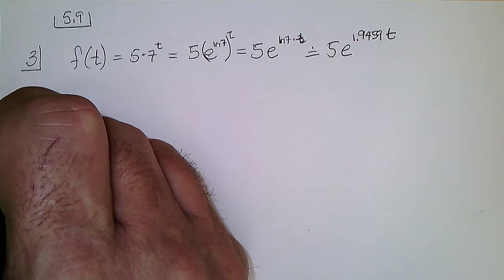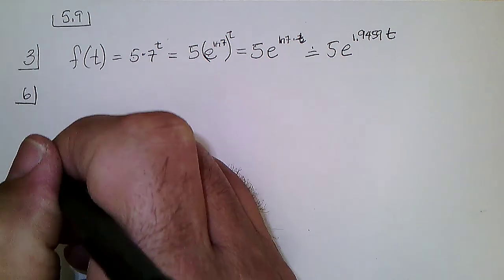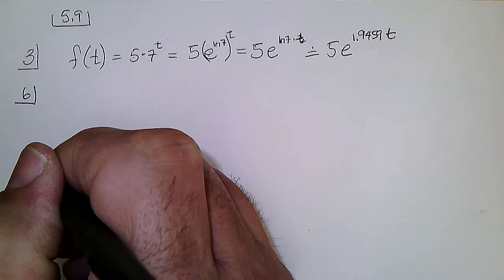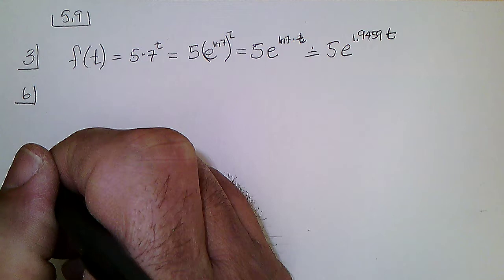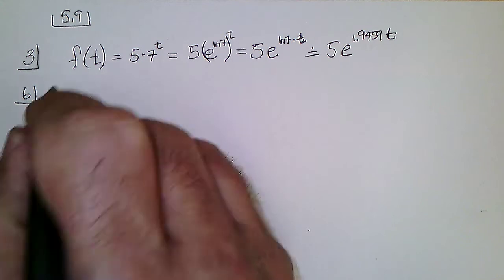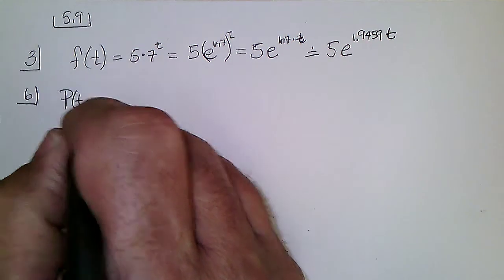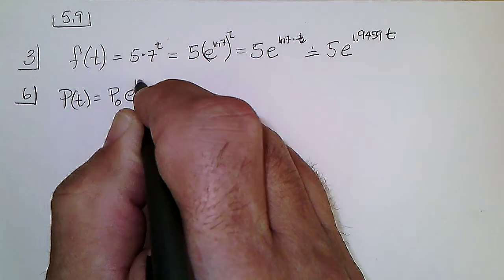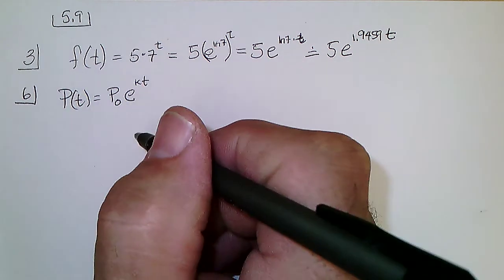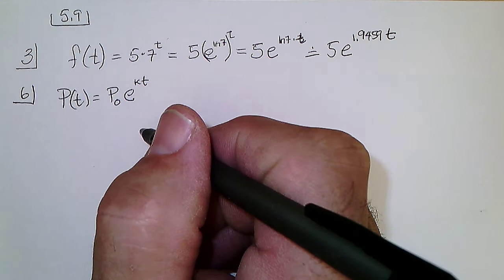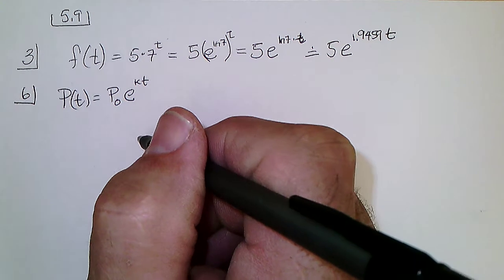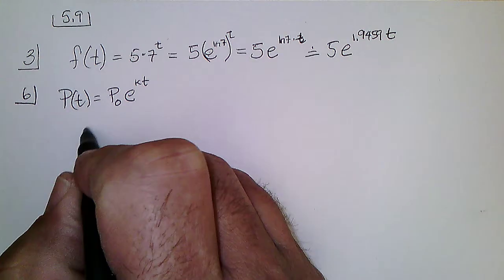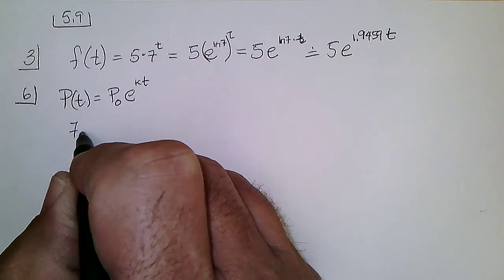On 6, it said P obeys the exponential growth law. Find a formula for P of t. The population after some time is equal to the population at the start times e to some kt. And t is in years, and the doubling time is 7 years.